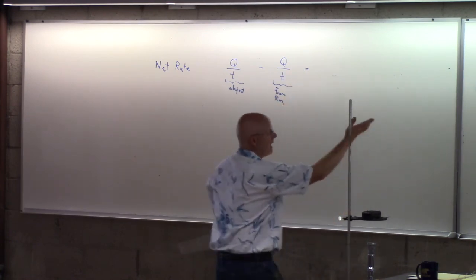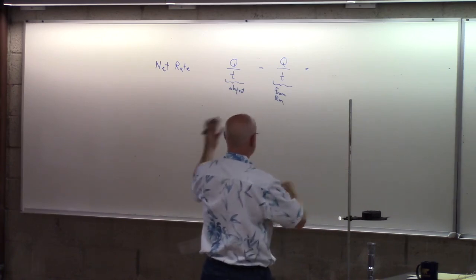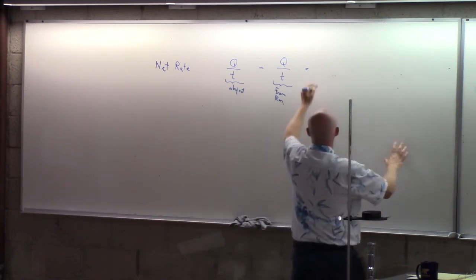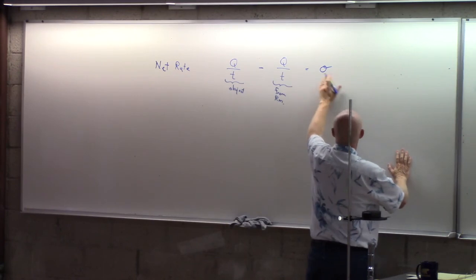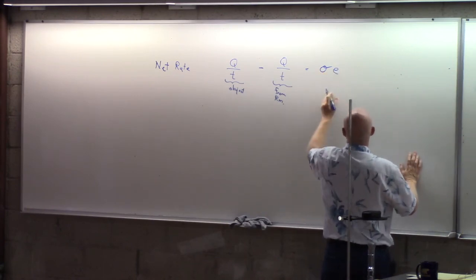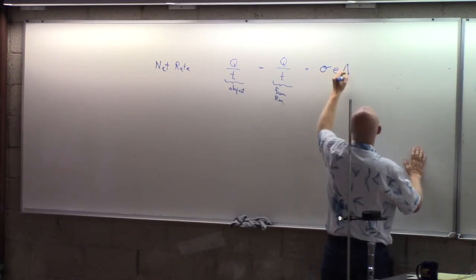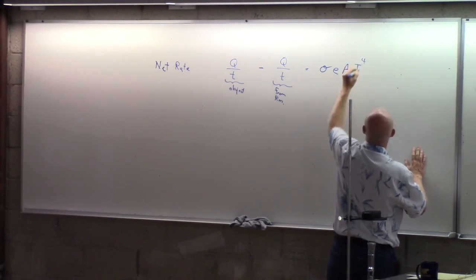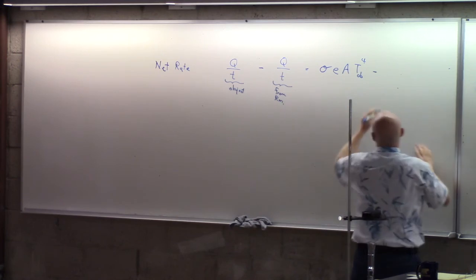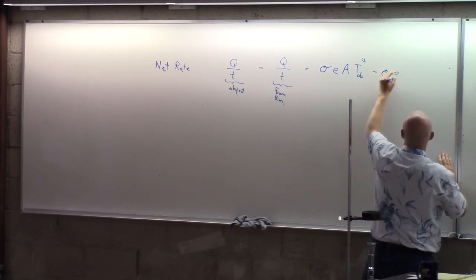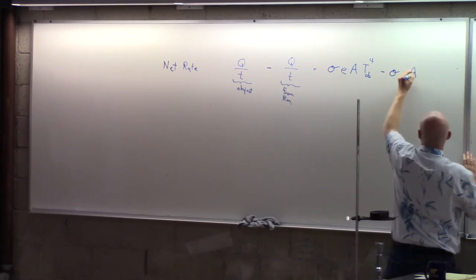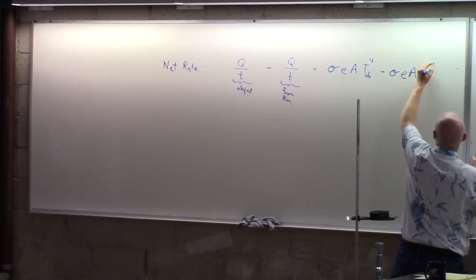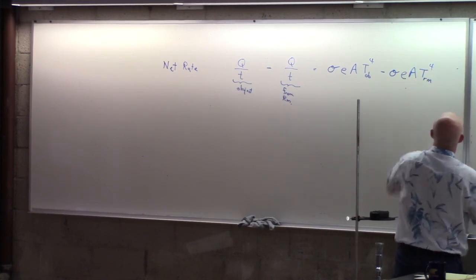And so if we apply this equation to both the object and the room, we're going to get Stefan's constant times the emissivity of the object times the area times the temperature to the fourth of the object, minus Stefan's constant, emissivity, area, and the temperature of the room.